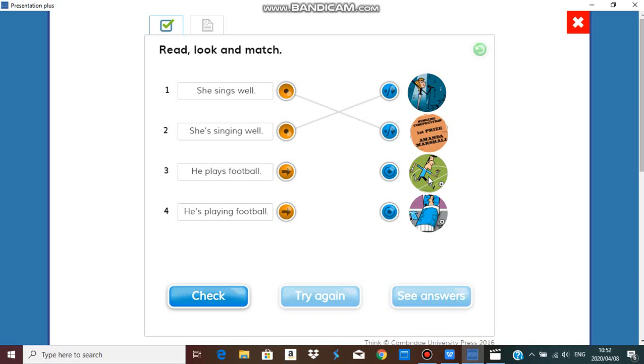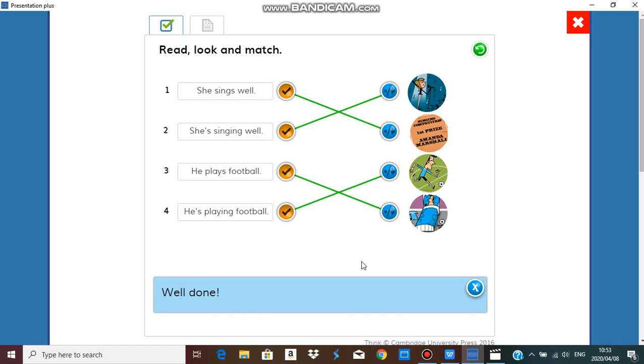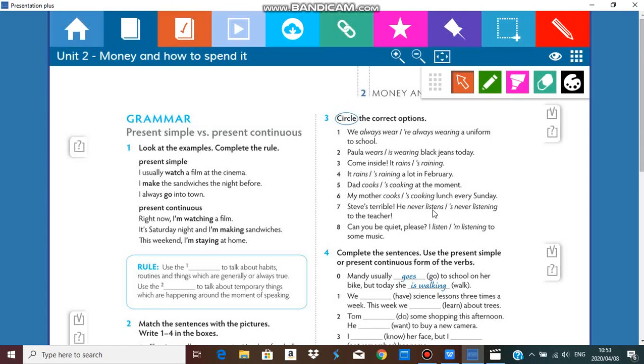Is he playing now? Here, there's a ball. There's his kit. He plays football and he's playing. That means it's happening now. You can see it's happening now. He's playing football. Let's check. And that's all our answers correct. Let's try another exercise.